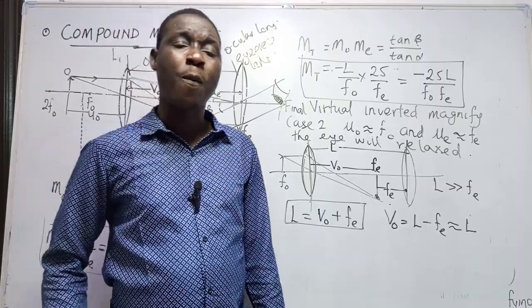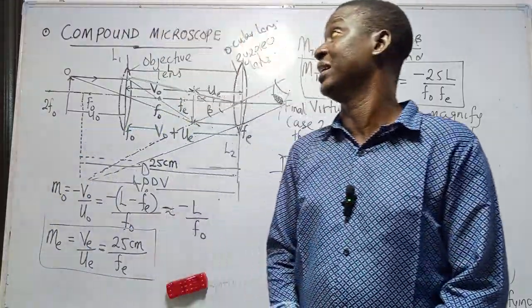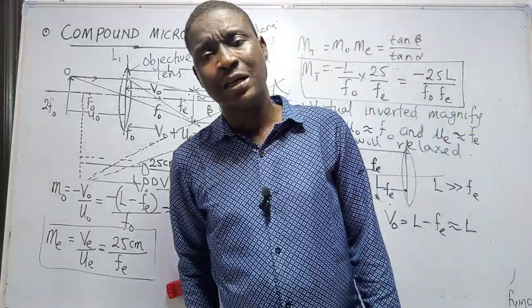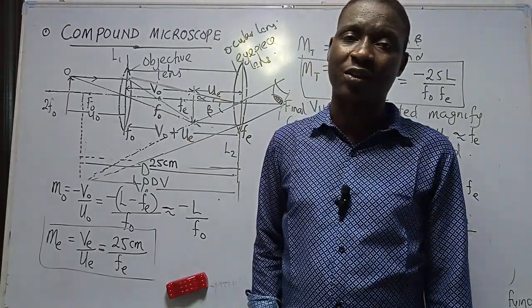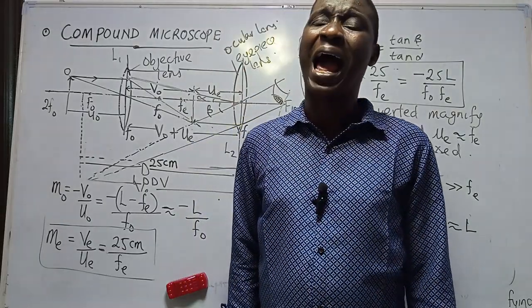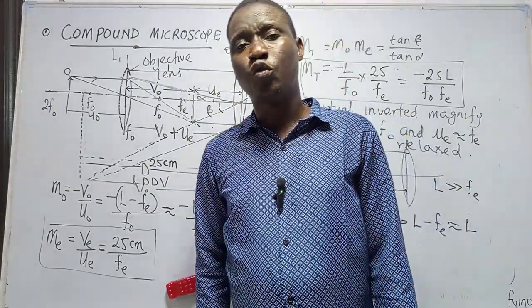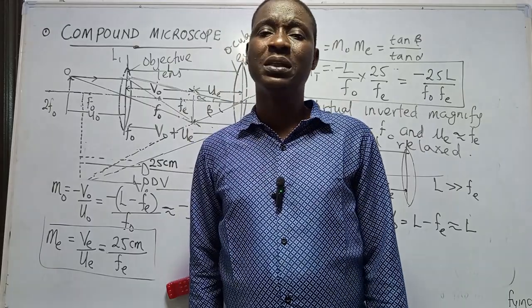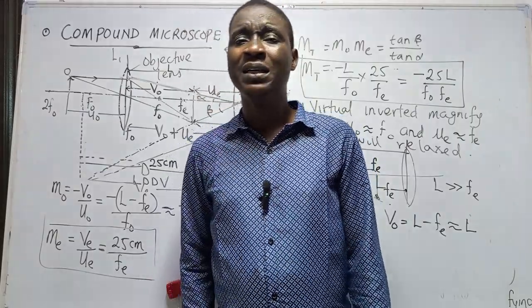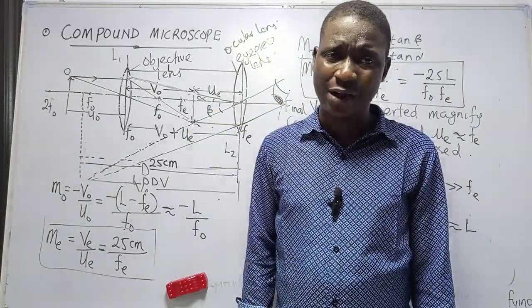Don't forget that the compound microscope has been discussed in this class. We looked at the case of normal adjustment. Then we looked at the compound microscope as an optical instrument that is used to highly magnify tiny objects. The magnification of the compound microscope is higher than that of a simple microscope.